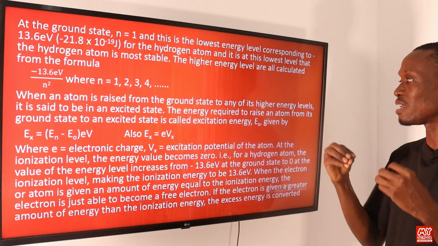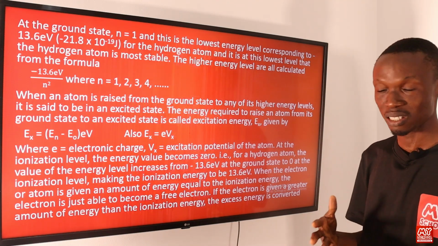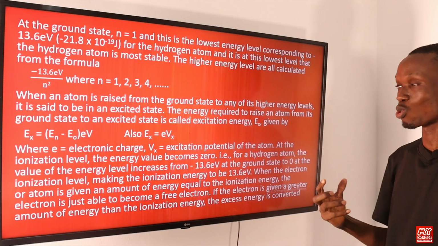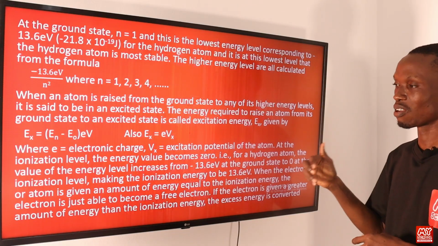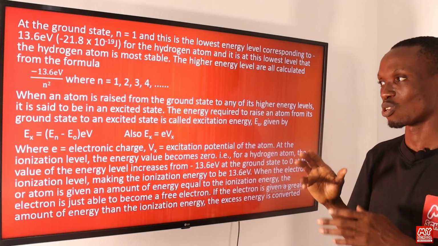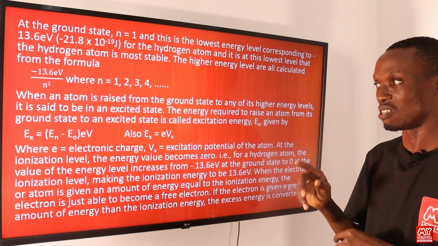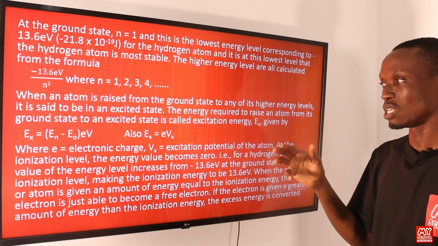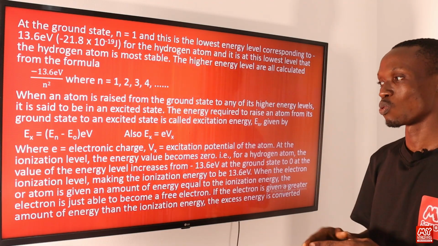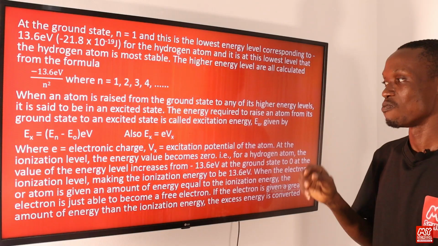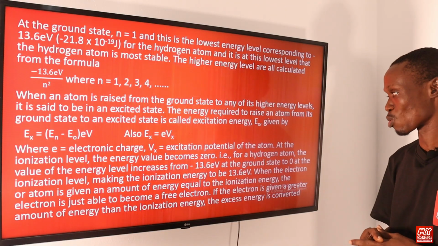The energy required to raise an atom from its ground state to an excited state is called excitation energy, and it is represented by the letter Ex, given by Ex = En - E0 in bracket eV. Also Ex = eVx, where e is the electronic charge and Vx is the excitation potential of the atom.